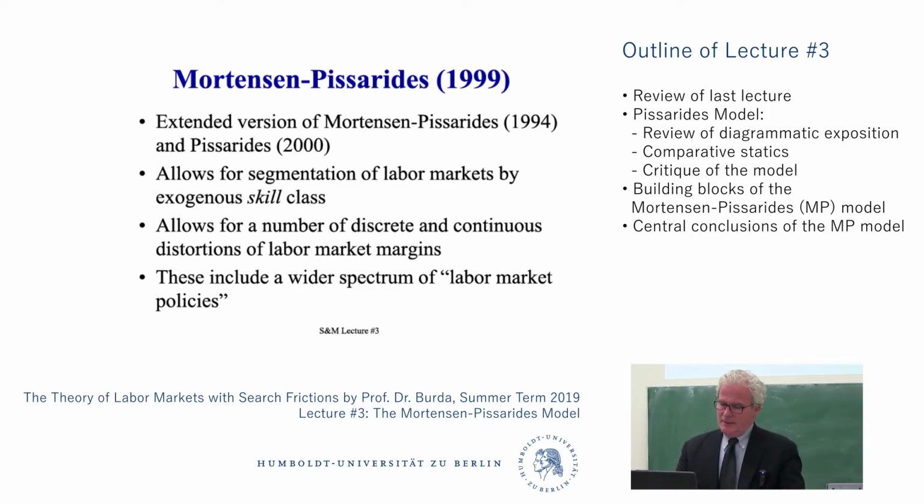Okay, so you can take the same model and just call S productivity in the skill class S and have that define a labor market which operates separately from the other labor markets. And again, remember, if you're a firm, you basically can employ a worker, or you can't employ 3 or 4 workers because you have constant returns to scale. It doesn't matter from our perspective, but you might think that's a problem. Not the end of the story.